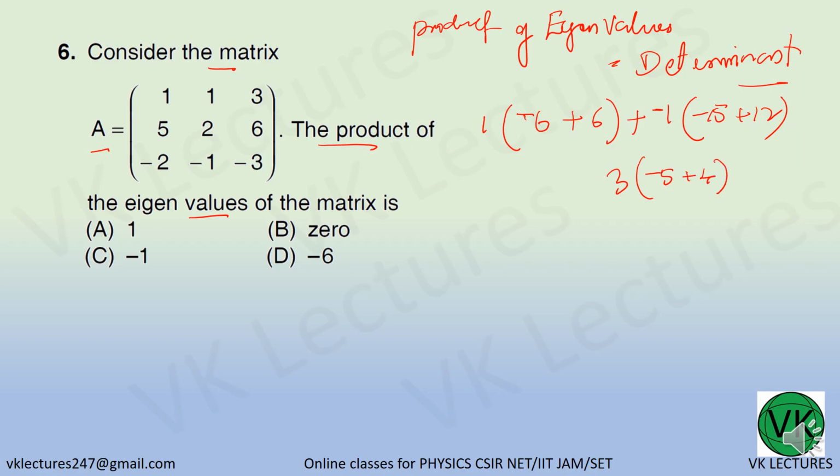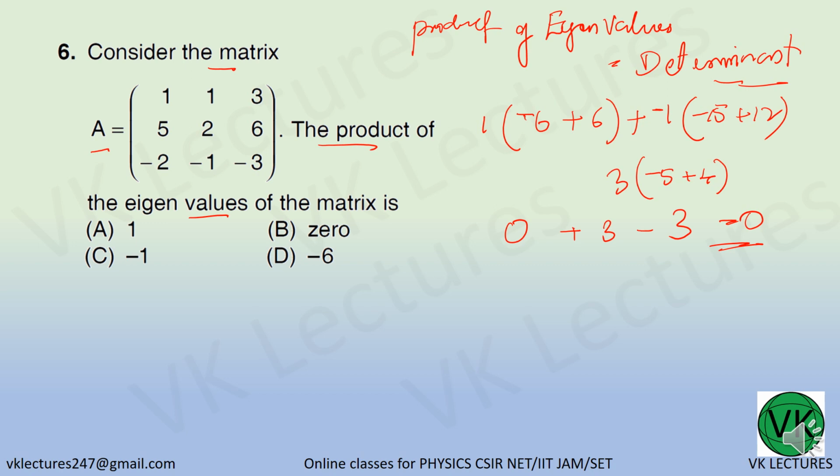So here you have 0, here plus 3, 0 plus 3 minus 3, so that's equal to 0. So the product of the eigenvalues is equal to 0, which means the determinant is equal to 0.